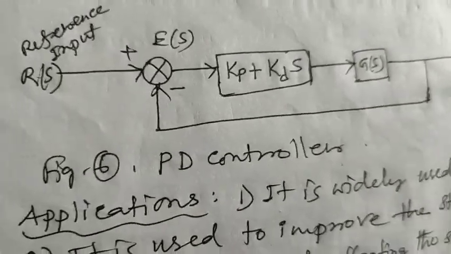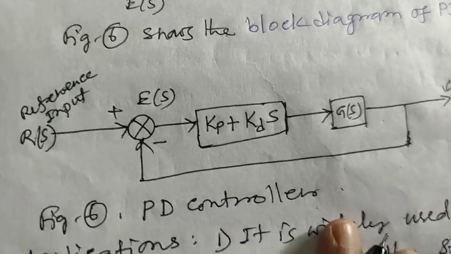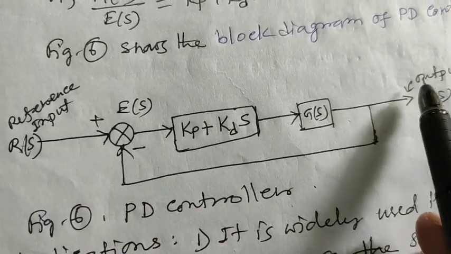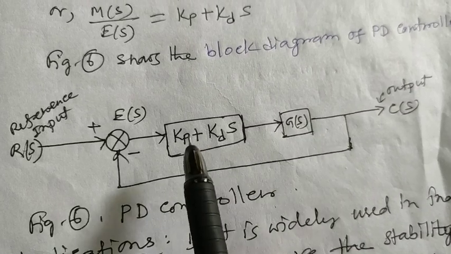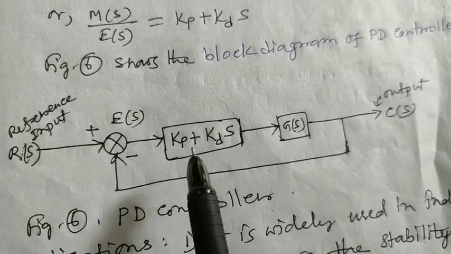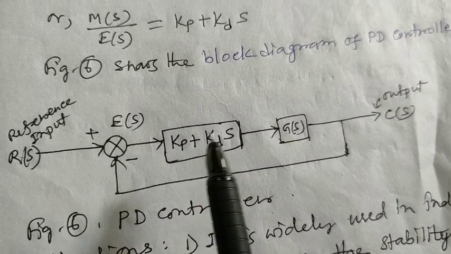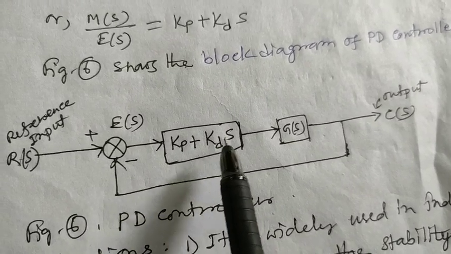Okay, similarly in case of the PD controller, here also is the reference input and this is the output. This is the forward path transfer function and this is the gain. Both the P and D control actions are used here.